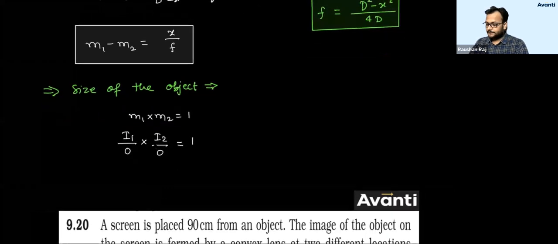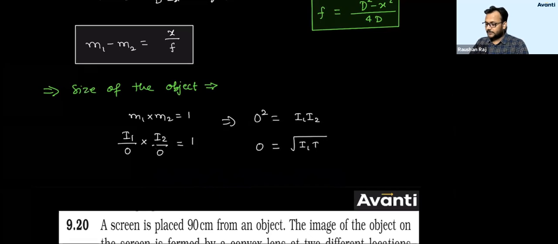So can I say O square is equal to I1 I2? So what will be the size of object? That is O will be equal to square root of I1 into I2.